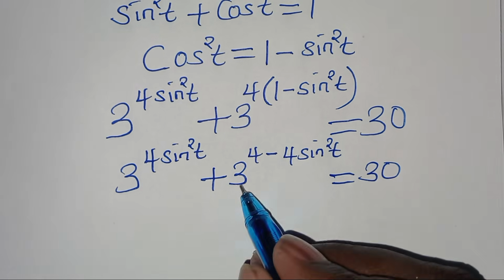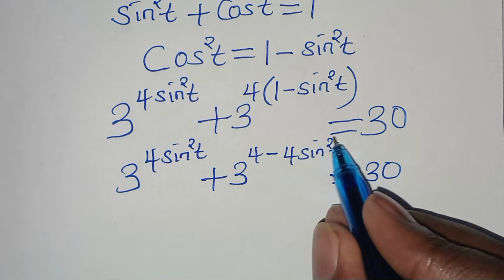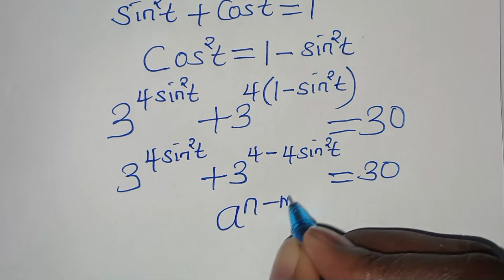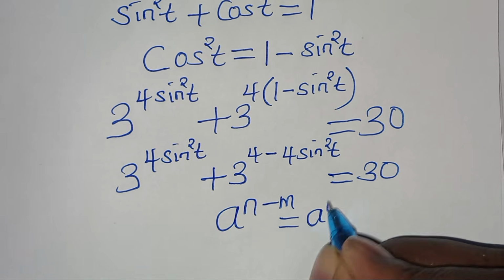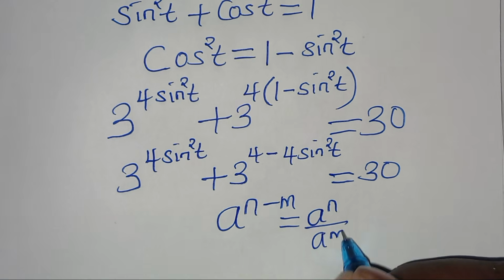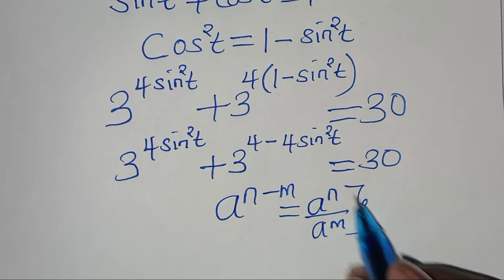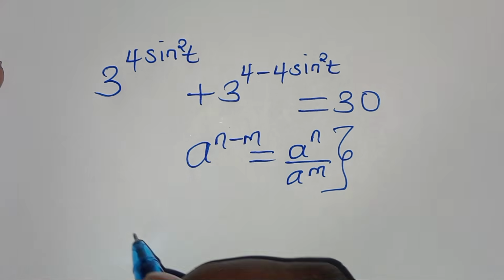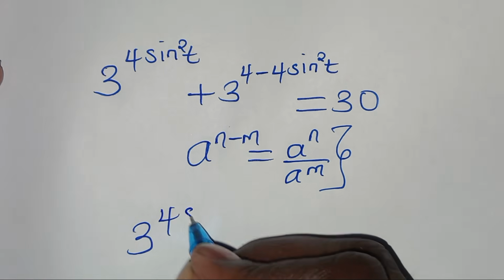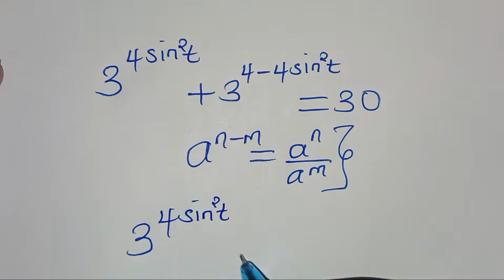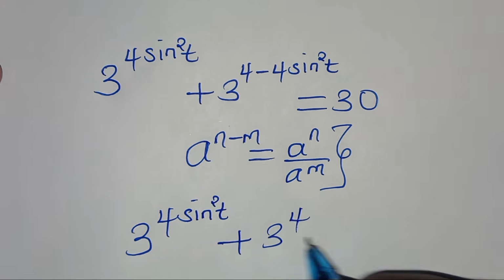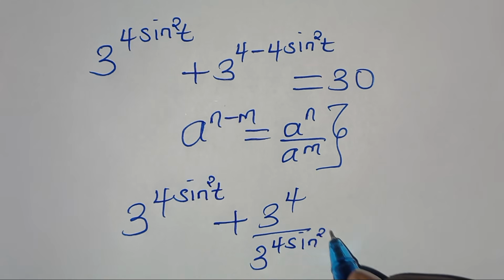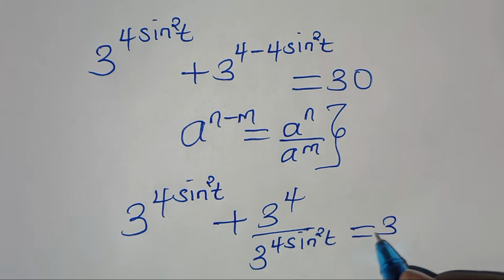Now we have 3 to the power of 4 minus 4 sine squared t, which is in the form of a to the power of n minus m, which you can express as a to the power of n divided by a to the power of m. Applying this exponent property, we have 3 to the power of 4 sine squared t plus 3 to the power of 4 divided by 3 to the power of 4 sine squared t, equal to 30.